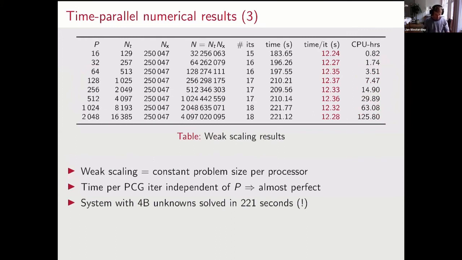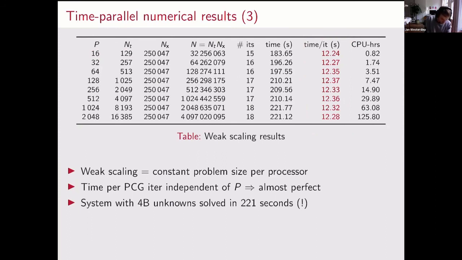Here we take the problem size that every processor has to do and keep it constant. So at 16 processors, we have 16 time slabs per processor at every simulation. We see that the time per iteration of PCG is 12 seconds, which is essentially constant.